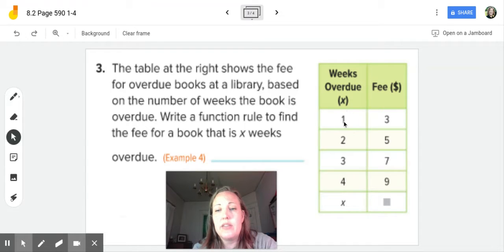So what about this? What's 1 times 2? That's 2, right? Plus 1 is 3. Let's try that again. 2 times 2 is 4, plus 1 is 5. 3 times 2 is 6, plus 1 is 7.